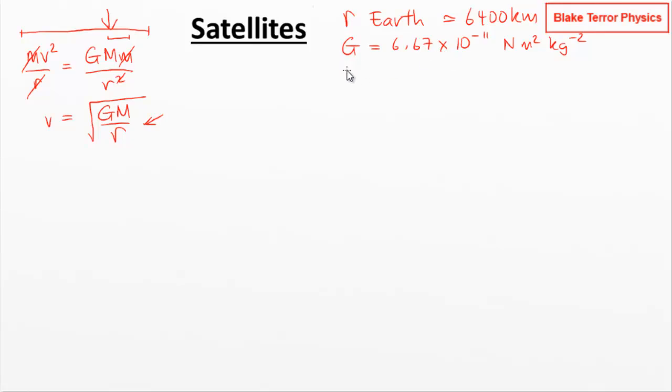So that's G. We've got the mass of the Earth, our capital M, which is a little less than 6 times 10 to the 24, so 5.97 times 10 to the 24 kilograms. So we've got that.